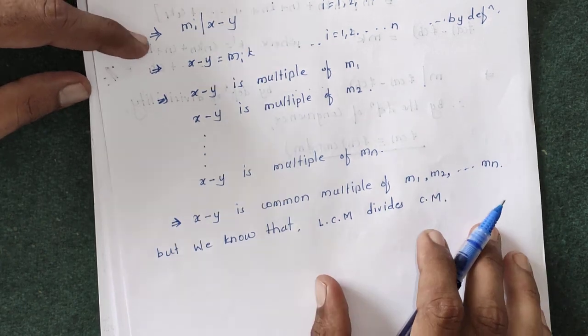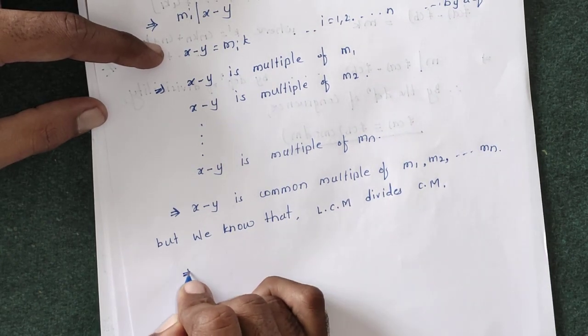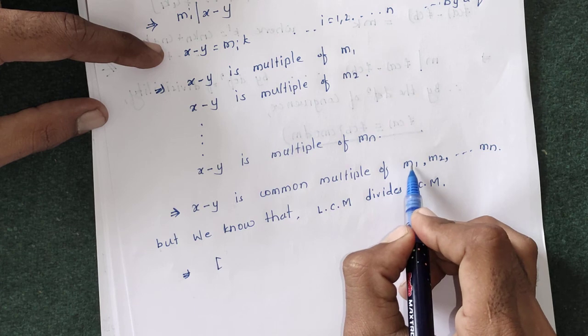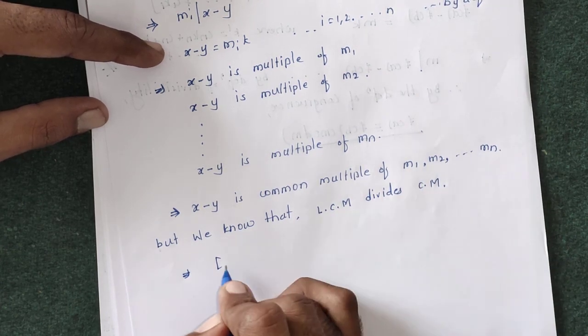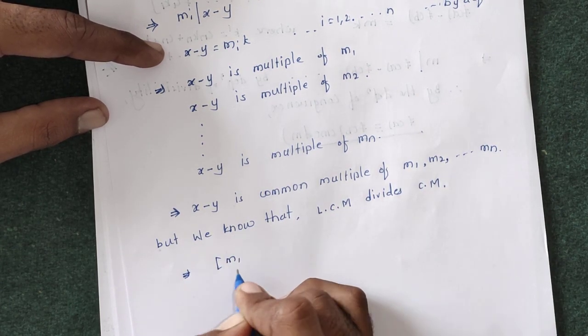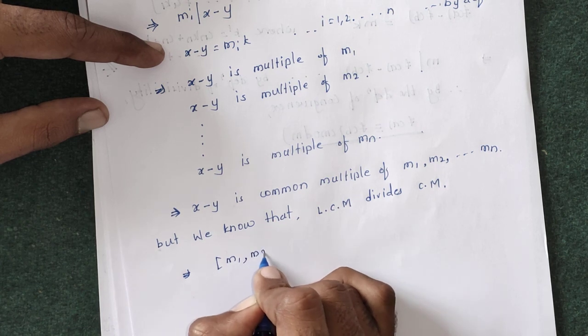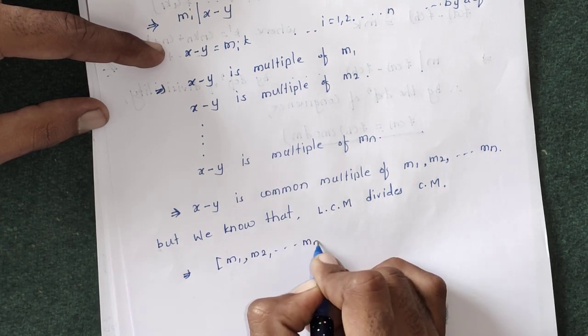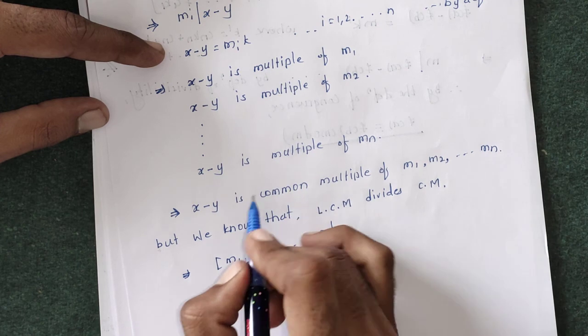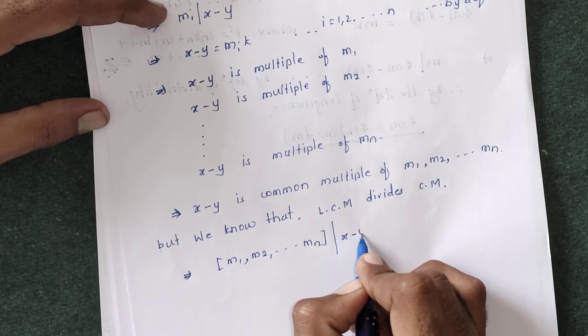The notation is: the least common multiple of m1, m2, up to mn divides the common multiple. Here x minus y is a common multiple.